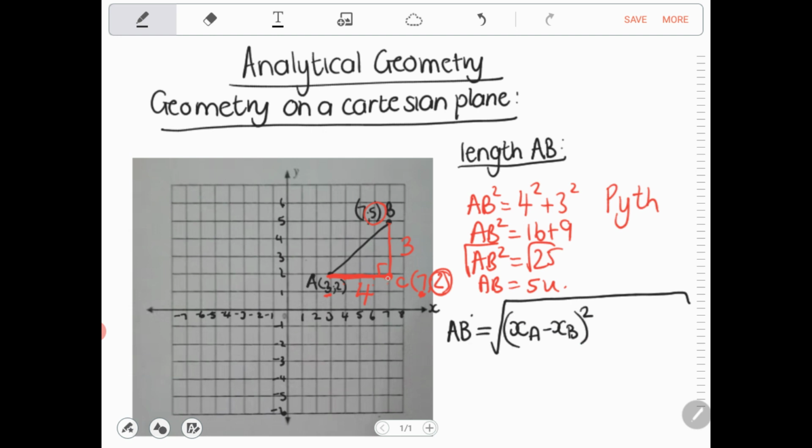That gives us this distance. And then we add the y value at A minus the y value at B, squared.